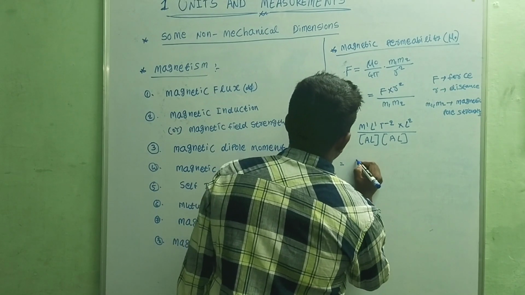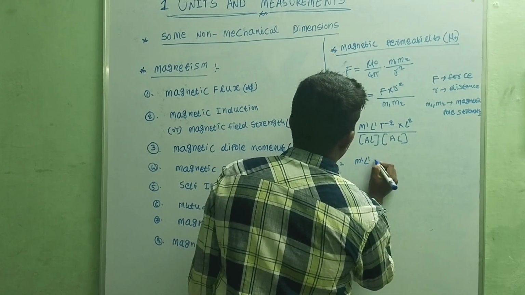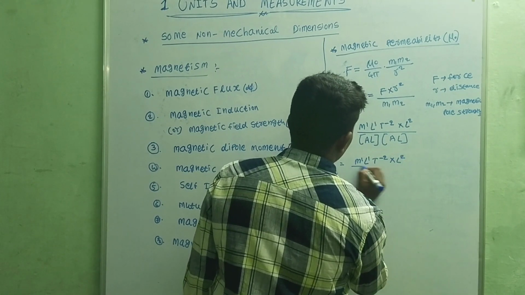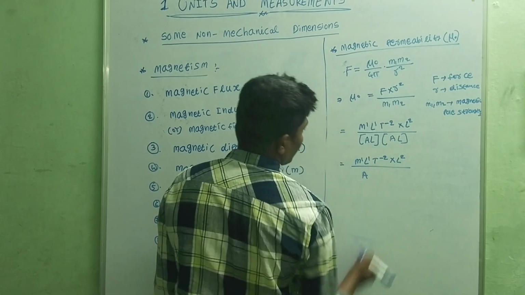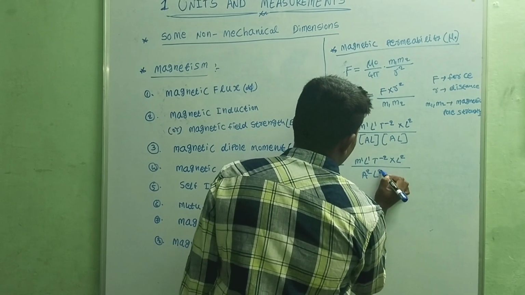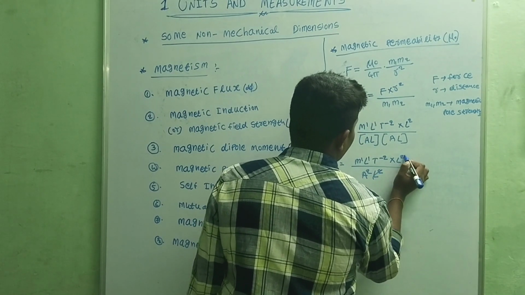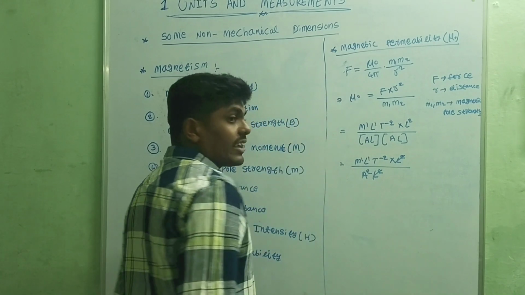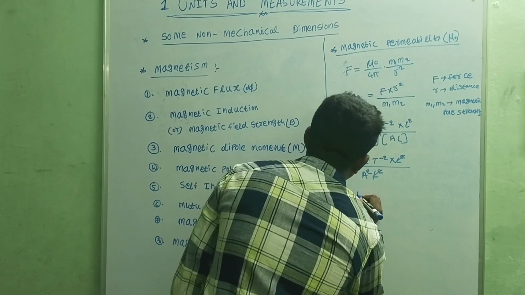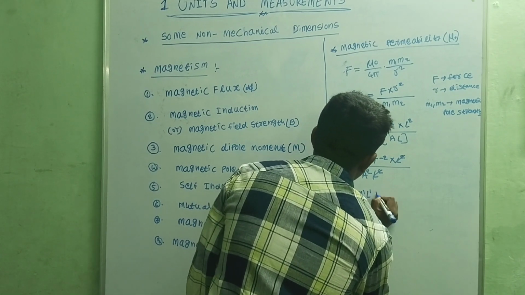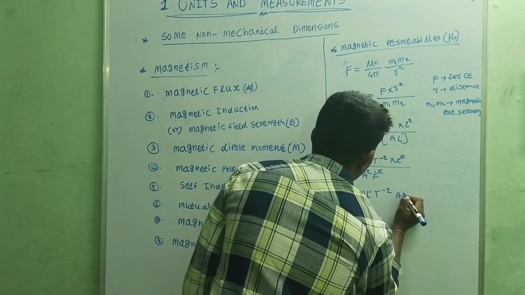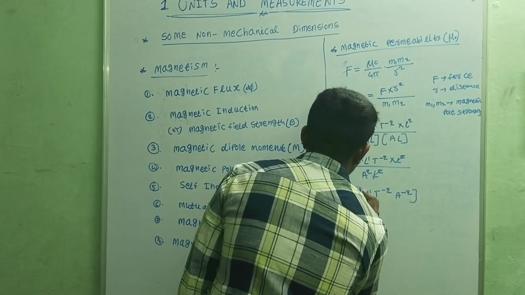So this equals M1 L1 T minus 2 L2 by A2 L2. Here L2 gets cancelled. So that means M1 L1 T minus 2, A minus 2.